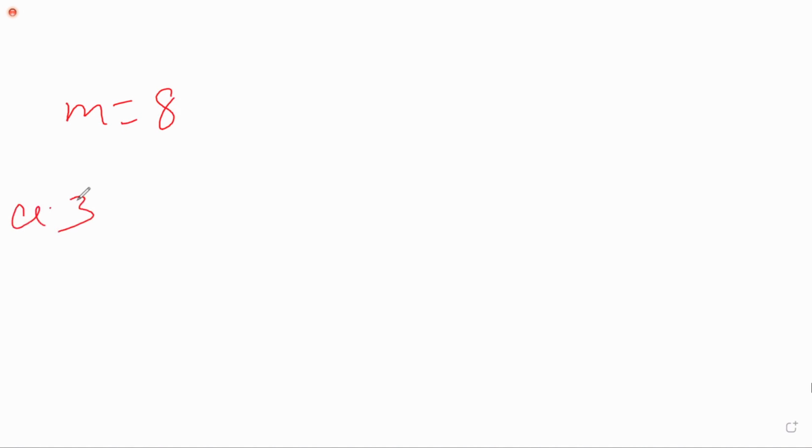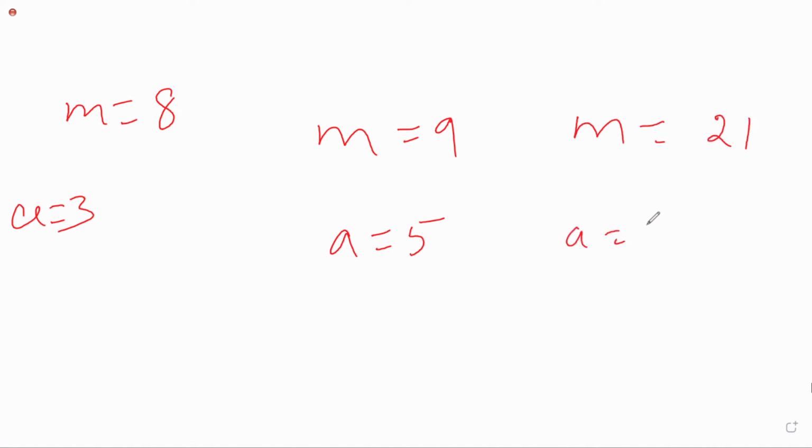Then m is equal to 9 and A is equal to 5. Then m is equal to 21 and A is equal to 12. So you just practice, so that in the examination you can easily calculate the multiplicative inverse.